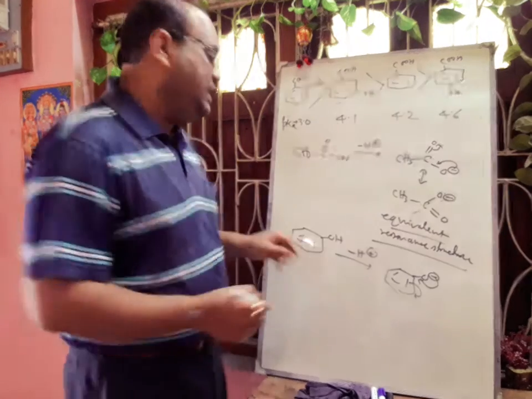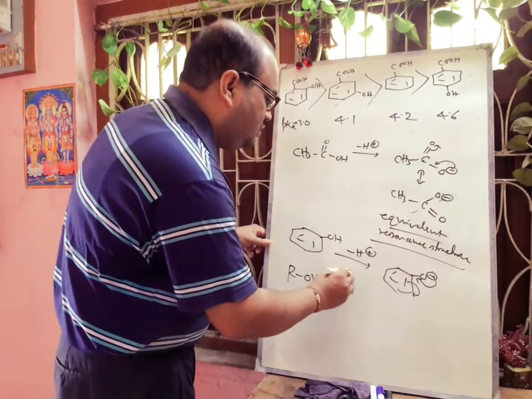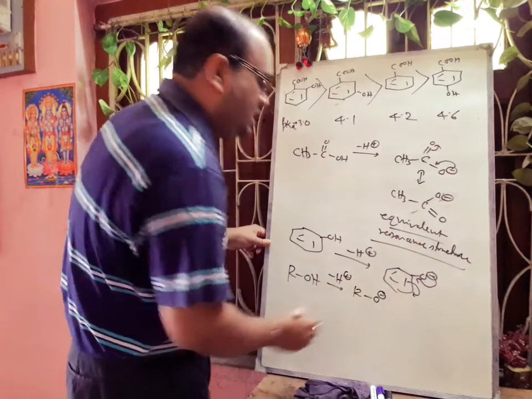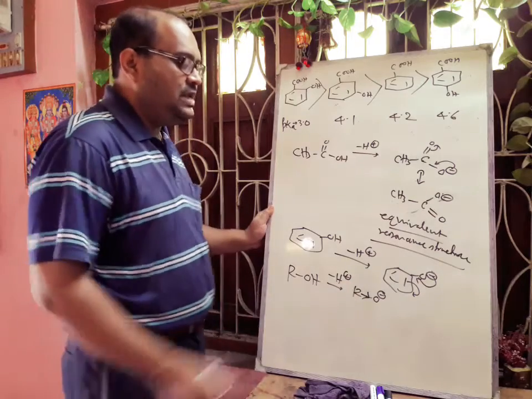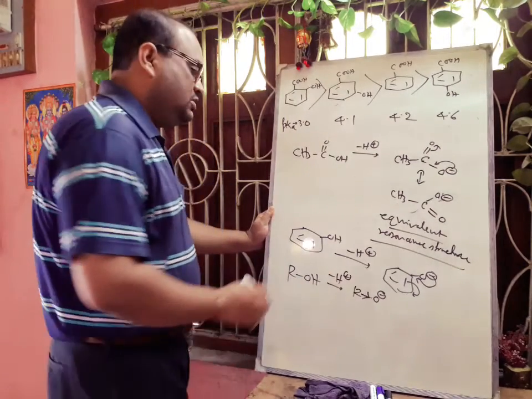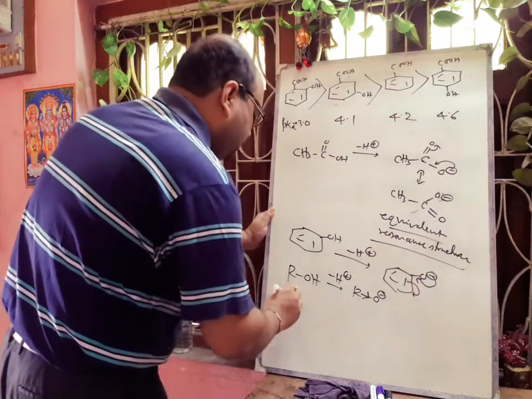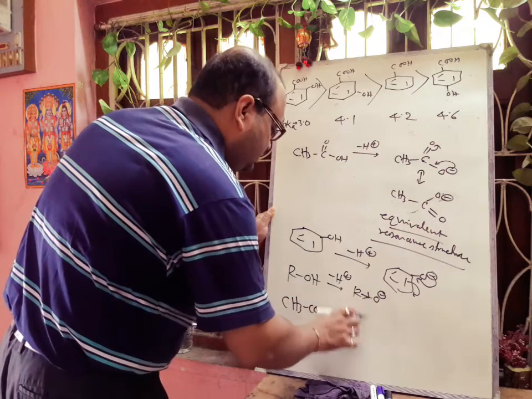But if we think about the alcohol ROH, after releasing a proton, there will be no stability of the alkoxide ion, because the plus I effect of the R group will destabilize the alkoxide ion. So its acidity will be the least. So the acidity order: the carboxylic acid will be highest.